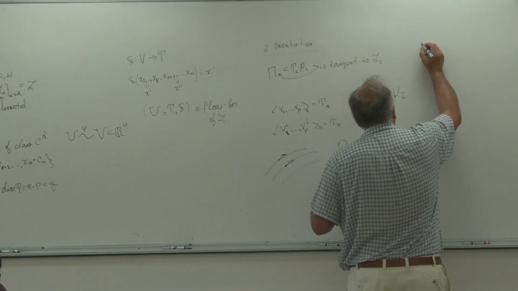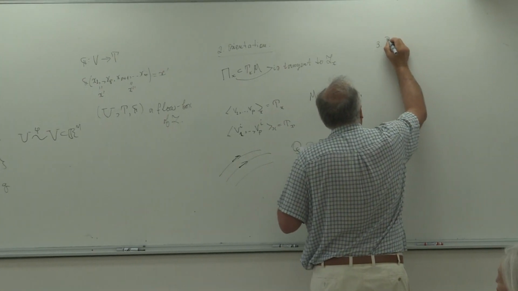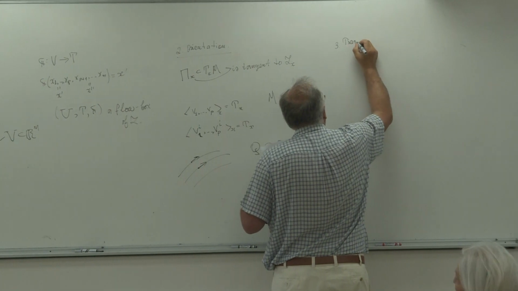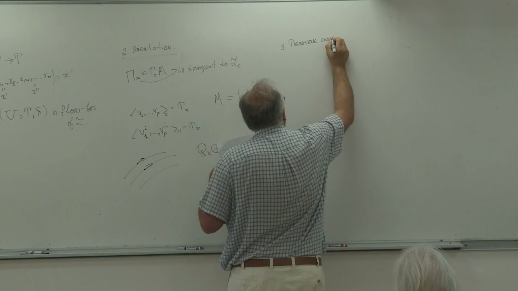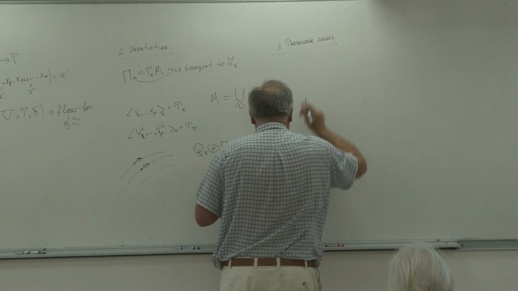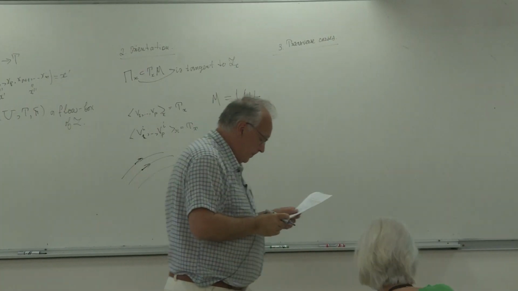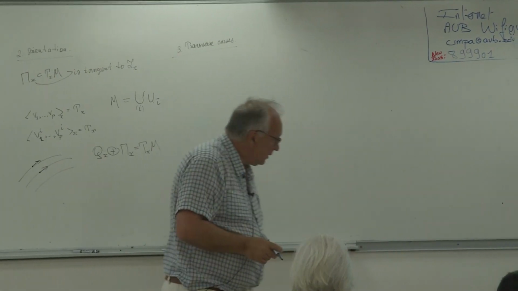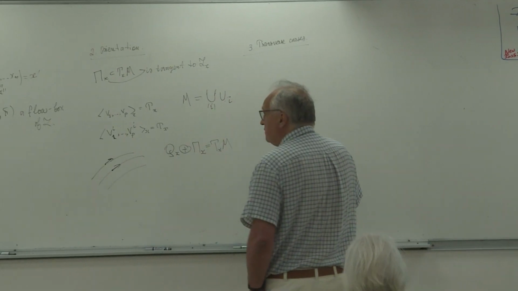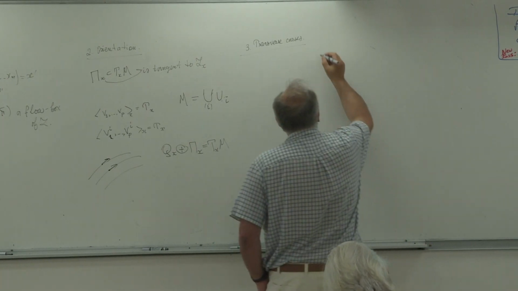And now the third point is more important, transverse curves. From now on, our foliation will be of codimension 1.